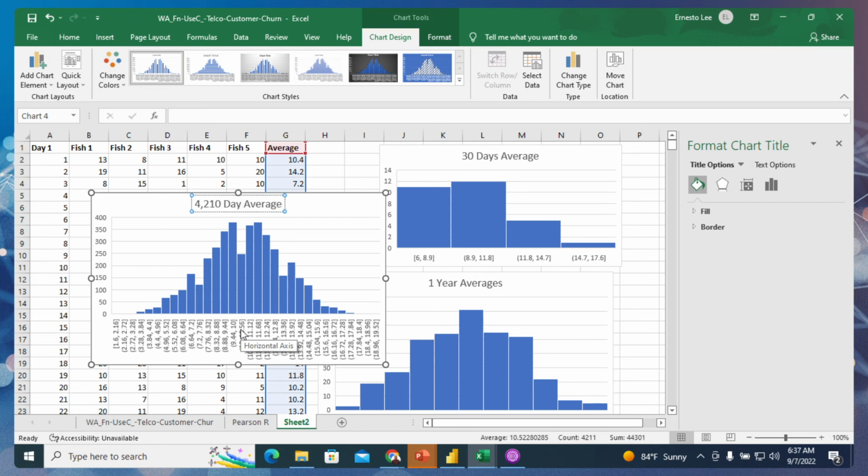So now I can start to infer facts about the overall population of fish. I can look at this here and see that over here in the mean, somewhere at about 10, the average size of a fish is going to be about 10 inches for this fisherman.